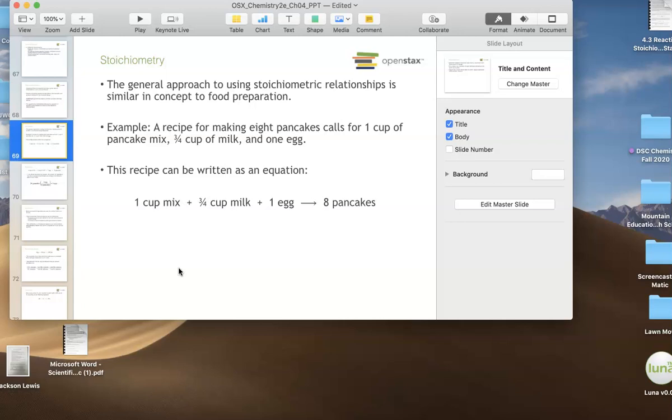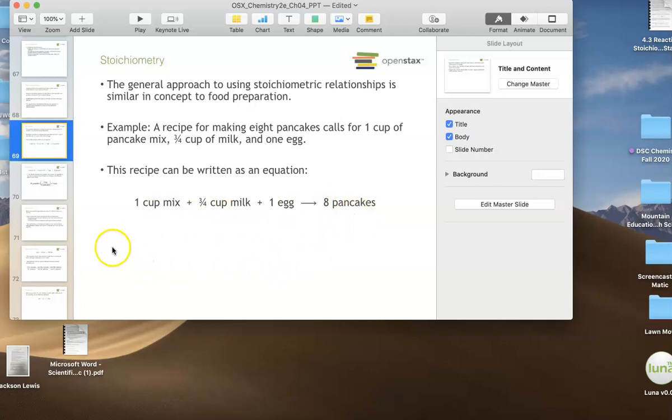Here's an example of a recipe that's going to make 8 pancakes. In order to make 8 pancakes, I need a cup of pancake mix, 3/4 cup of milk, and 1 egg. If I wanted to write the recipe in the form of a chemical equation, on the left-hand side you would see a cup of the pancake mix plus 3/4 of a cup of milk plus an egg would yield 8 pancakes.